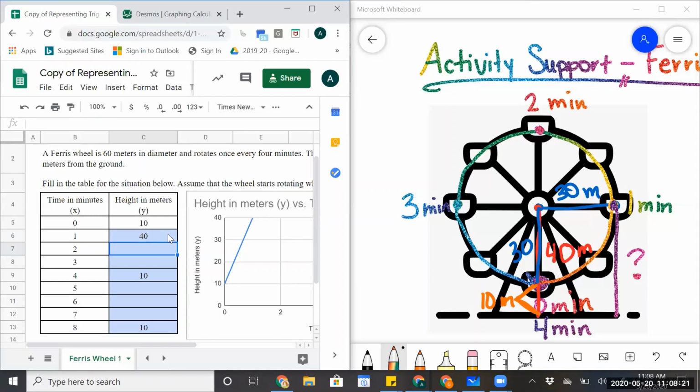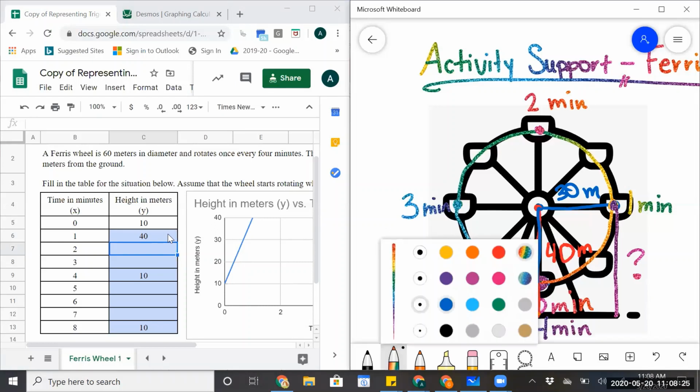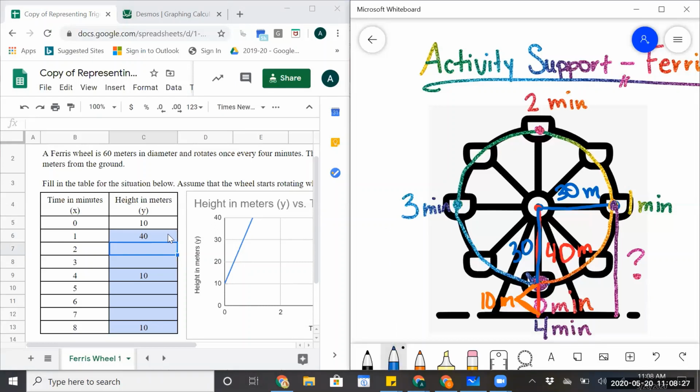How about 2 minutes? Now, it's really tempting to say 60. Sometimes I want to say 60. And why would we say 60? Well, I would say 60 because the diameter of my Ferris wheel is 60. Right? So to get to the top, that's 60 meters. But let us not forget our little 10 meters off the ground where I start. Okay?